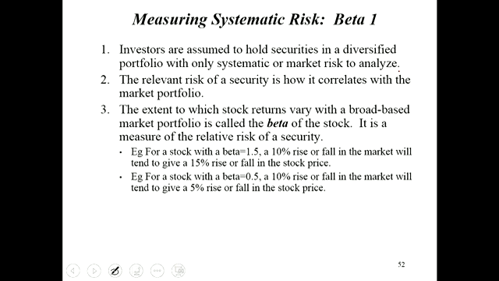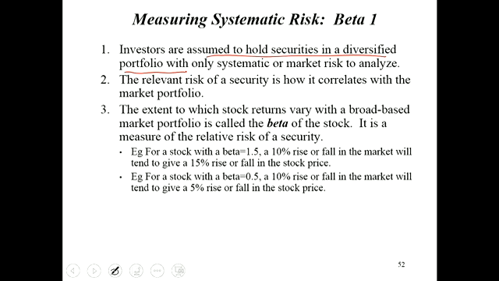Okay, so this is the assumption here. They're assumed to hold securities in a diversified portfolio. That's the assumption we make. Of course, many people are under-diversified in real life, but that's their problem.